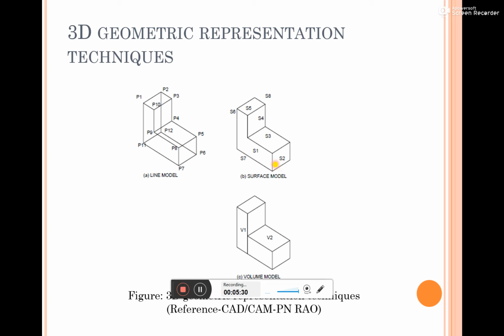This surface model represents the object's outer shape. Whenever you want to represent the outer shape of any model without any thickness or internal volume, you can prefer this type of surface modeling technique.